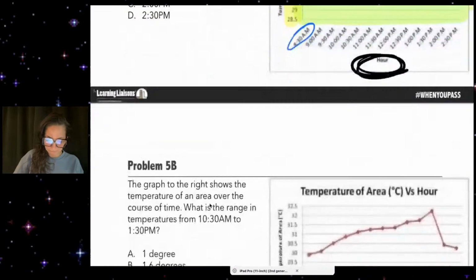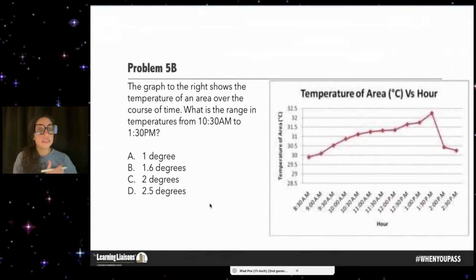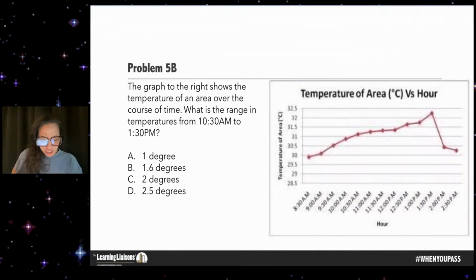All right, let's look at another problem that uses the same graph, and we're going to interpret that graph. The same graph to the right shows the temperature of an area over the course of time.